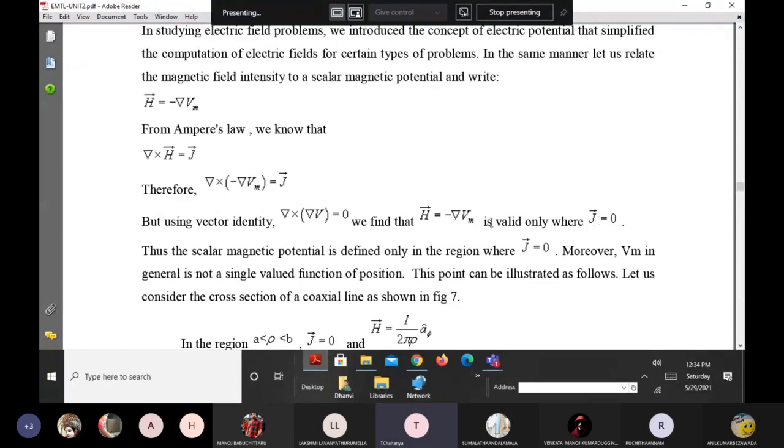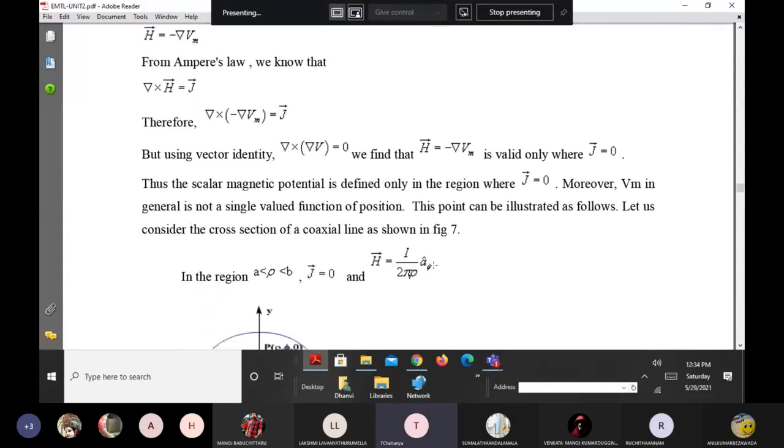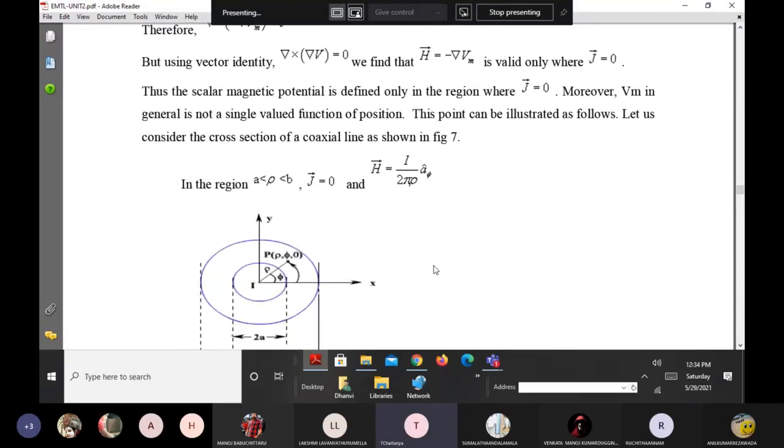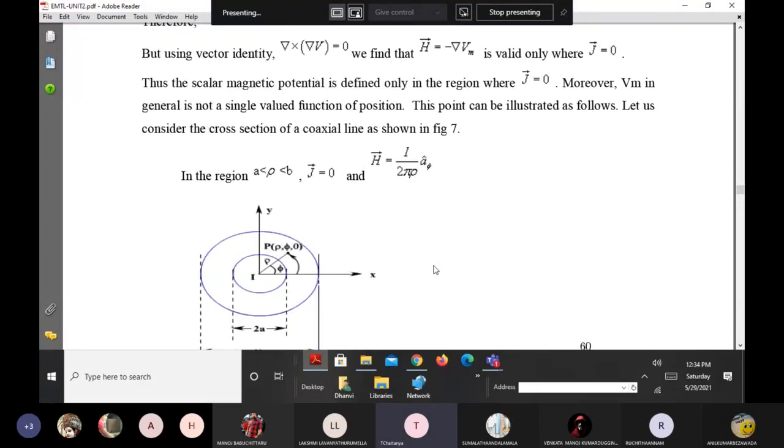J equal to 0. Now, to prove this, let me consider an example. Let me consider two circles with current passing through two current carrying filaments. One is the inner conductor, the second one is the outer conductor.